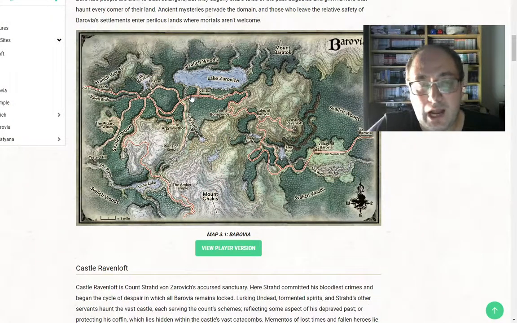So howling wolves, swarms of bats, very dark forests, wandering Vistani caravans, ancient ruins, suspicious illiterate peasants, all that awesome Gothic horror feel with a very Eastern Europe or Southern Europe feel to it. So you know what you're getting.